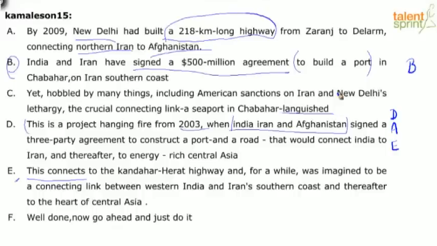They started this project somewhere in 2003. By 2009, they did something. And this is what it actually connected. But finally, languished means what? It's been probably neglected, right? It's halfway through, it's unfinished. So all this is fine. So B, A, and then we have C.